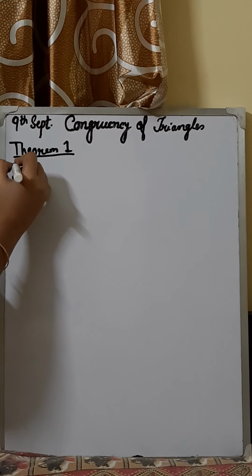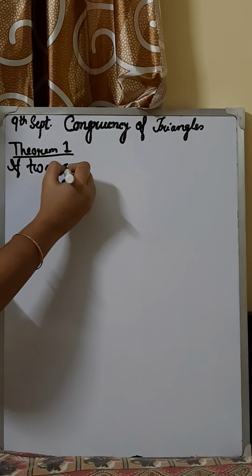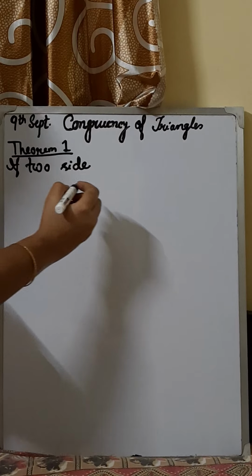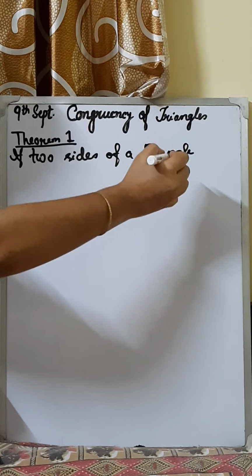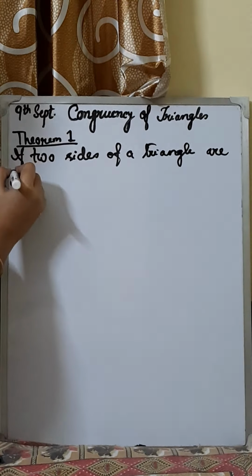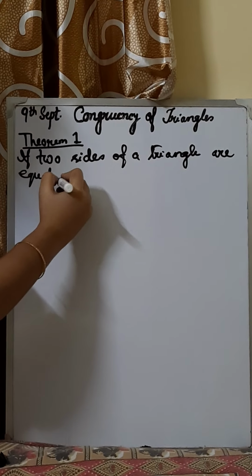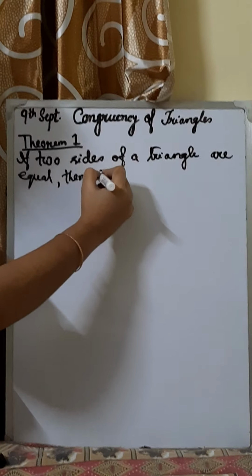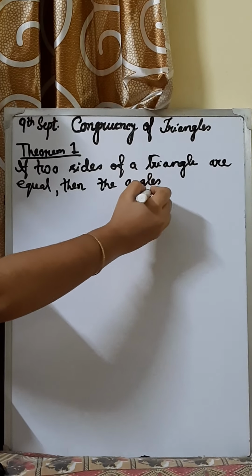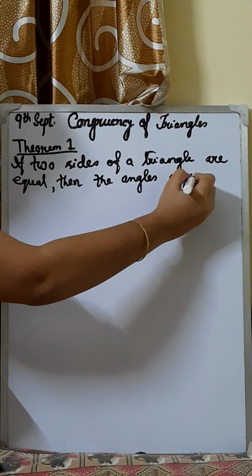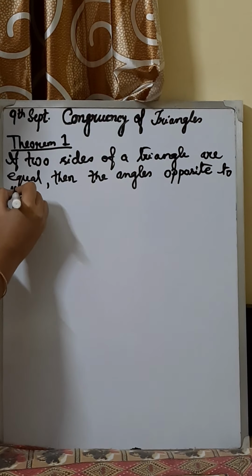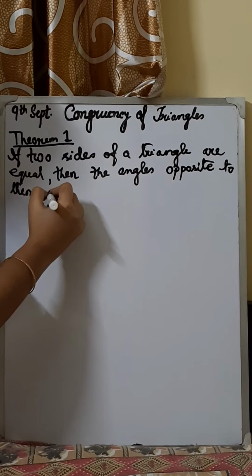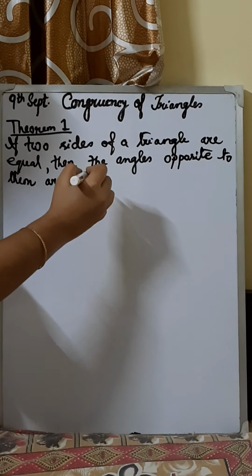Theorem 1 is that if two sides of a triangle are equal, then the angles opposite to them are equal.